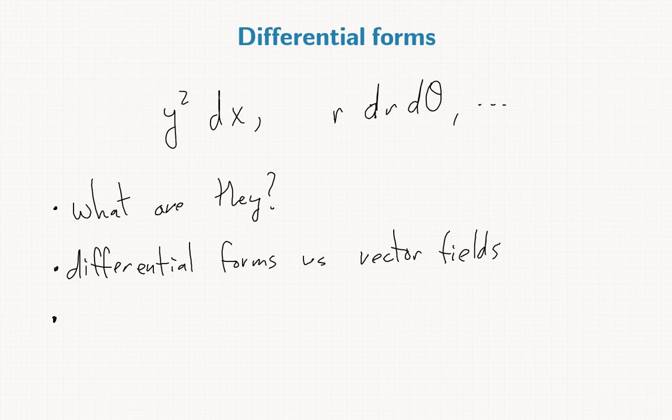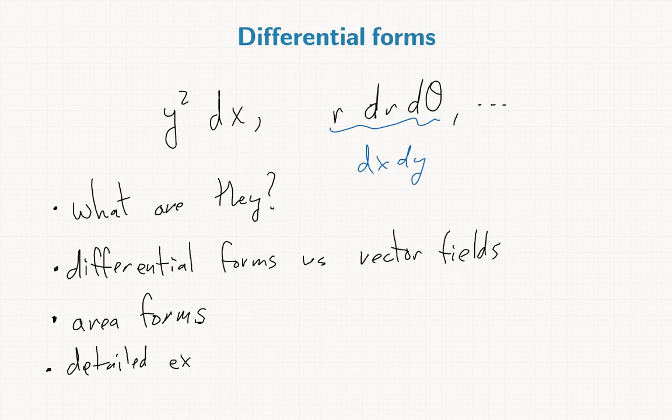I'll also say what vector fields are. And then talk about area forms, so how we get that this formula is equal to dx dy, and then also work through a detailed example using these, which I think will help clarify what's going on.